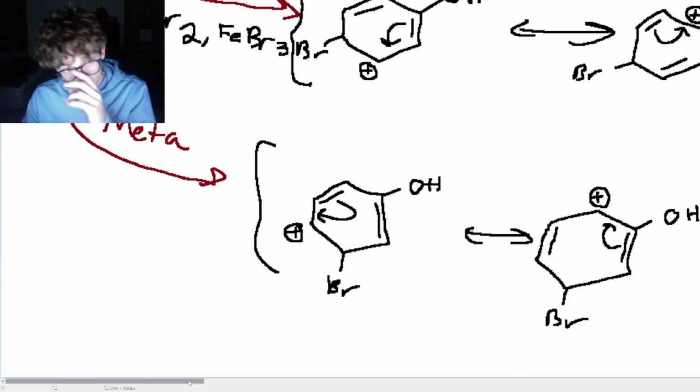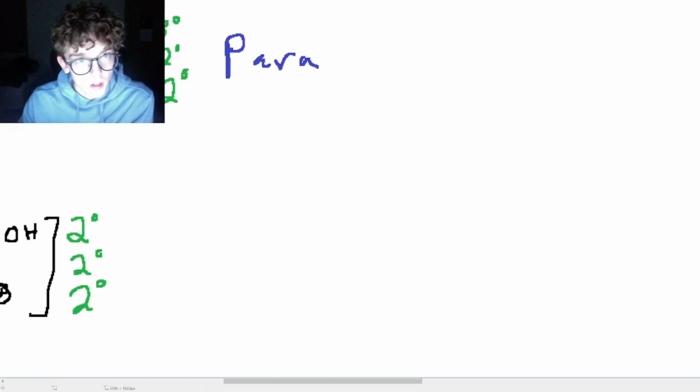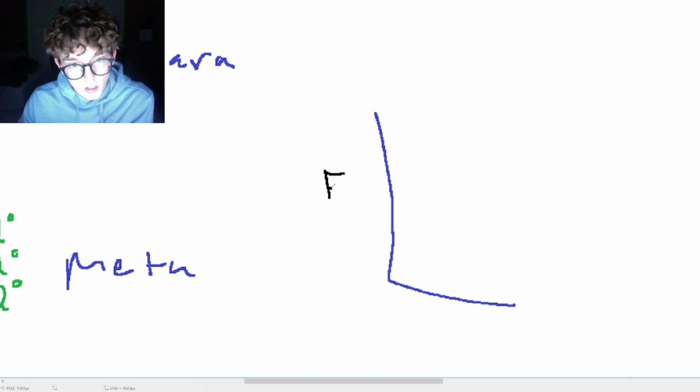The activation energy, if you were to look at the energy diagrams, you'd see this here. We'll just compare the para one to meta. So this is energy, and this is reaction coordinate.